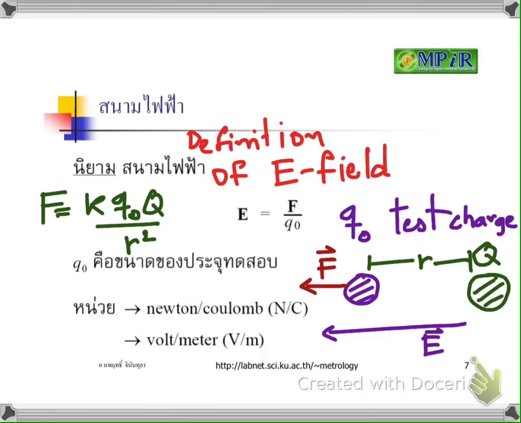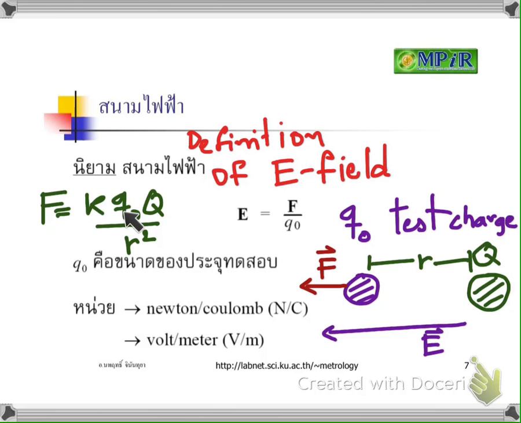Okay? So, you can see that the magnitude of the force depends on Q0, or on the test charge. If you use a test charge that has a large amount of charge, the force will be large, right? If you use a small Q0, the force will be small also.